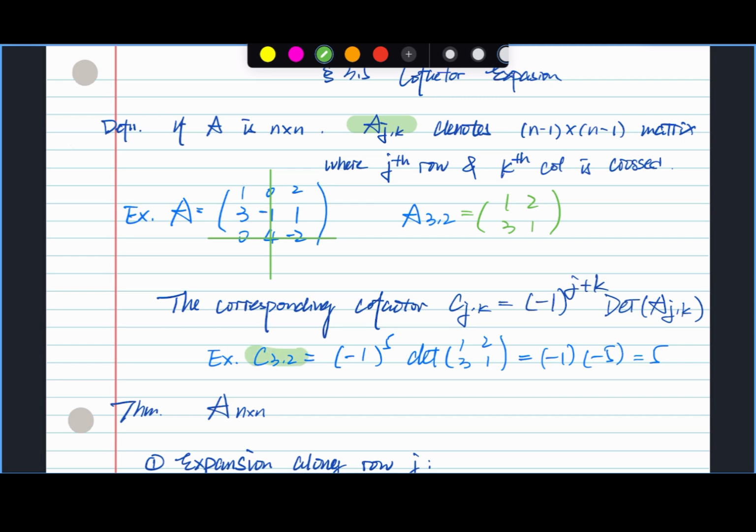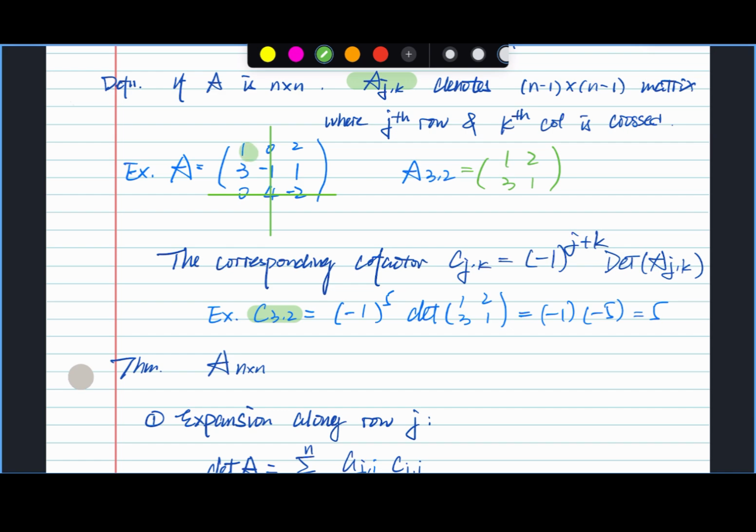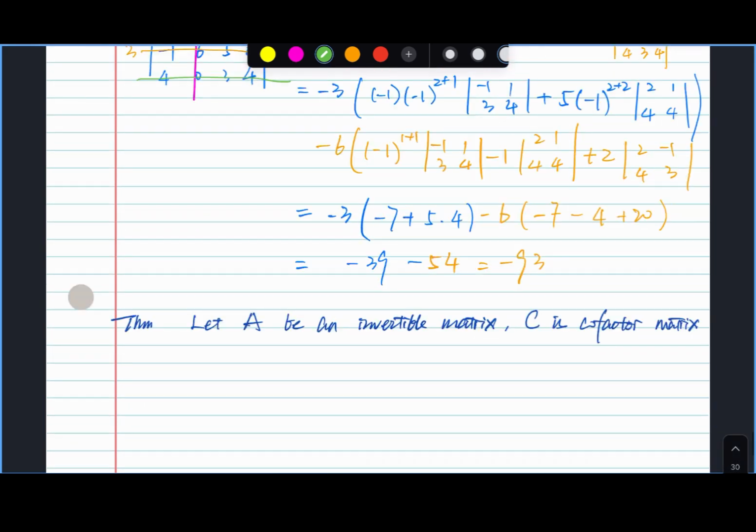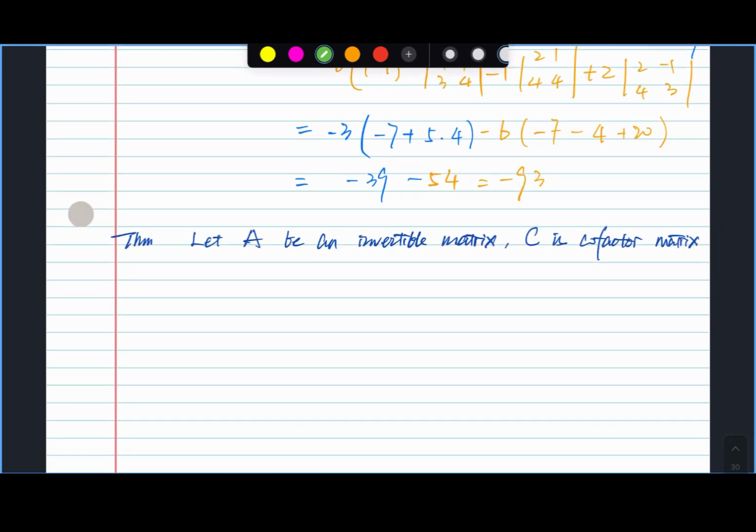For example, the cofactor at 3, 2 is this. So the cofactor matrix is basically you find the cofactor at every place, and then they form a matrix. So after you have these two, the inverse of A is 1 over the determinant of A multiplied by C transpose.